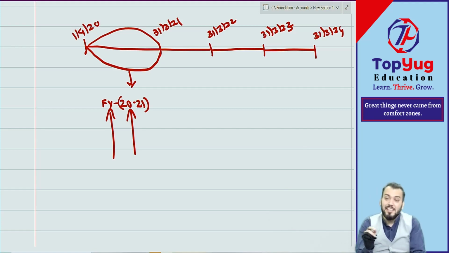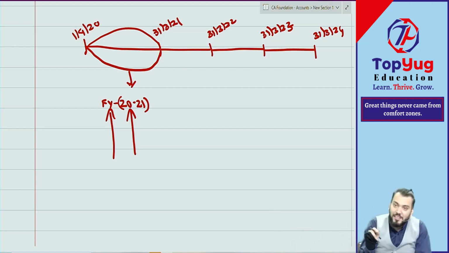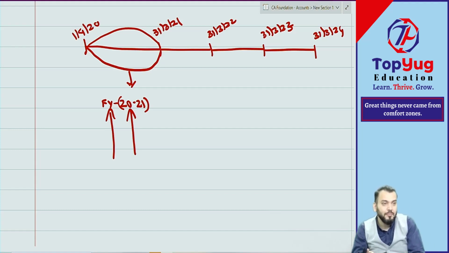So income of 2021 will be recorded in 2021 only. Expense of 2021 will be recorded in 2021 only. Have you understood this? Can I give an example? Let's see whether you have understood or not.